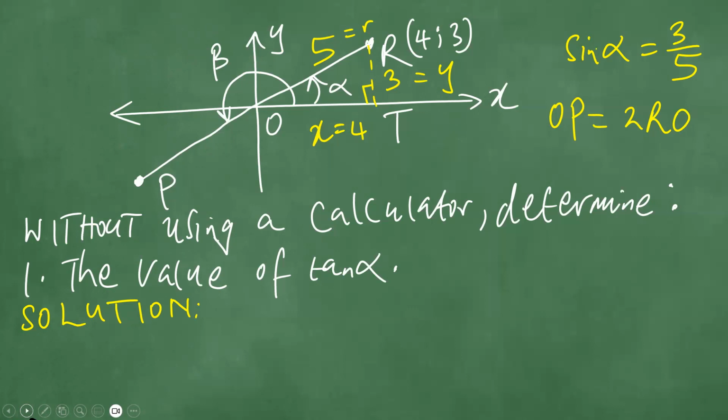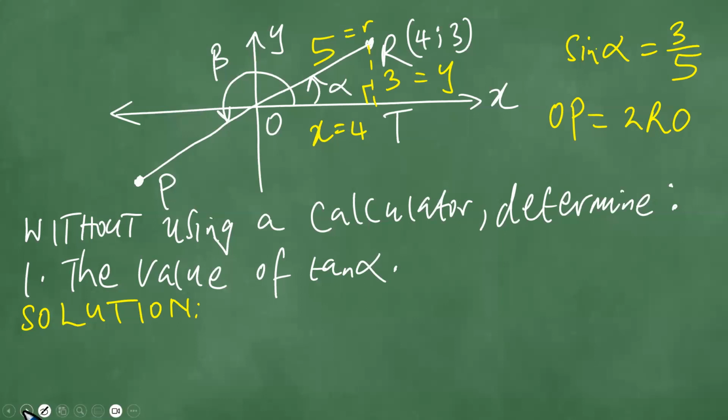How do you know? I say firstly, because sine alpha is 3 over 5.